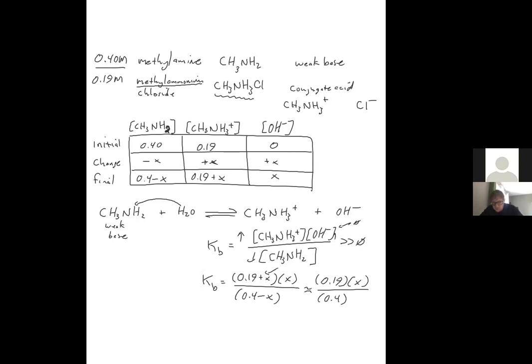So if they give you the hydroxide part, like they did in this one in the table, then do the base reacting with water. If they give you the H3O plus, then take the acid and react it with the water. Okay. And there you go. So there are a couple of the pretty involved problems, but they're going to lead us into the calculation of buffers. So we'll get into that in 17.2.